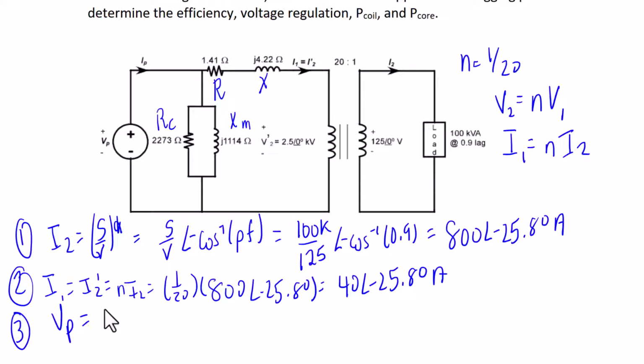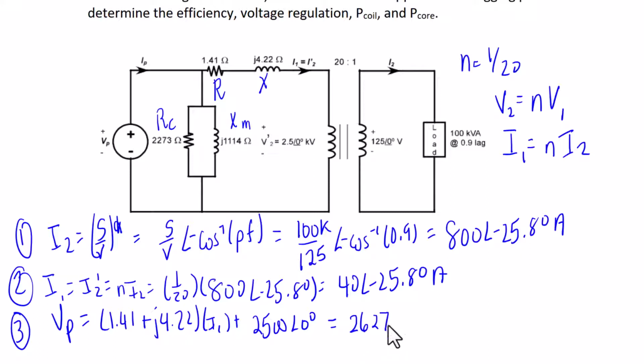VP is equal to (1.41 plus j4.22) times I1 plus 2500 with an angle of 0 degrees. And that equals 2627 with an angle of 2.8 degrees. And the units are volts.